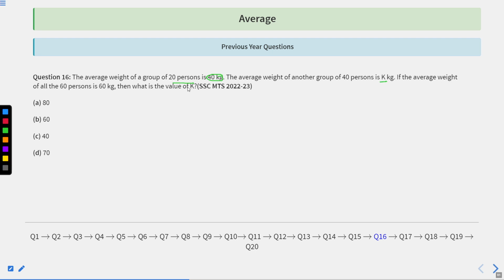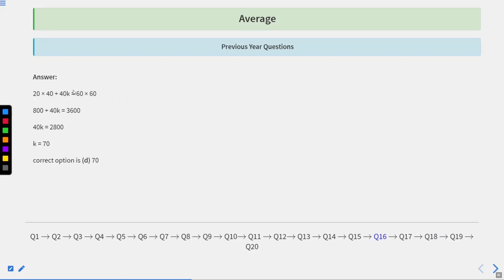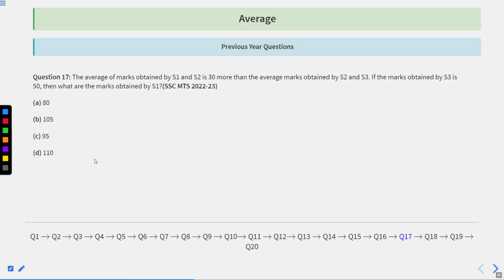If the average weight of all 60 people together is 60 kg, then what is the value of k? So the answer will be 20 times 40 plus 40k is 60 times 60, correct? And on simplification, we will have 40k equal to 2800, that is k equal to 70. So the correct option here will be option D, 70.